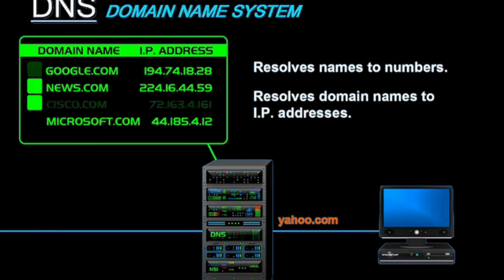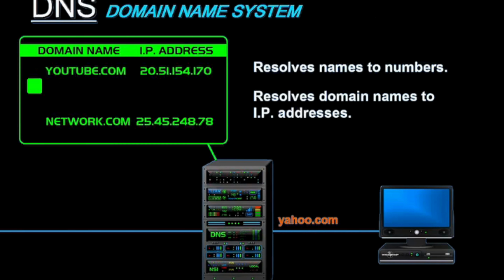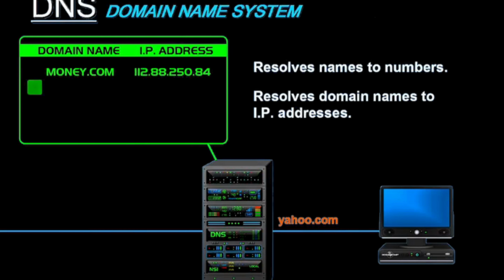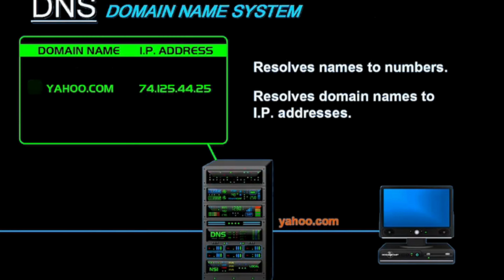And when it finds it, it will resolve that domain name to the IP address of the Yahoo website. And once that is done, then your computer is able to communicate with the Yahoo web server and retrieve the web page.